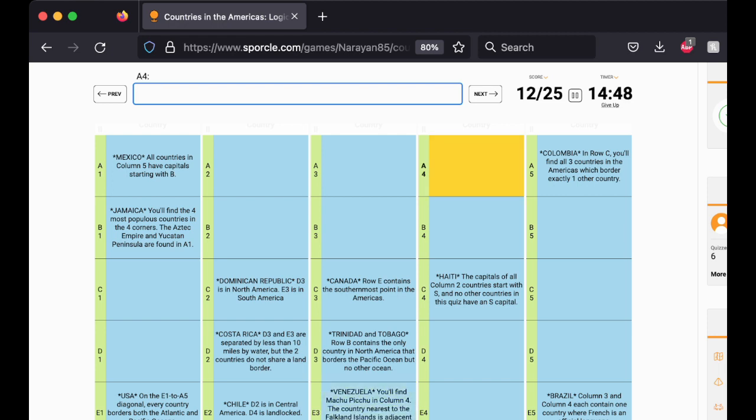Alright, row B contains the only country in North America that borders the Pacific Ocean but no other ocean. So that would be El Salvador. Now, El Salvador's capital is San Salvador, so I'm going to guess El Salvador for B2.